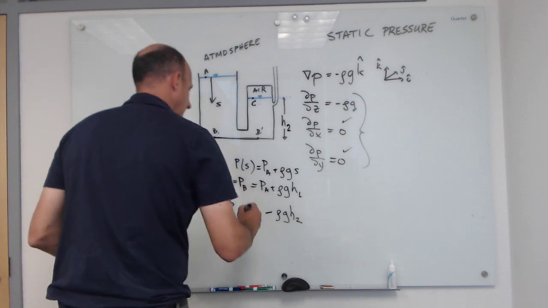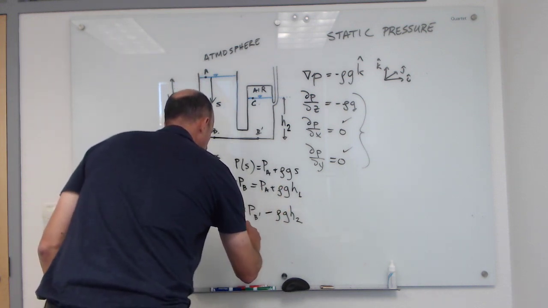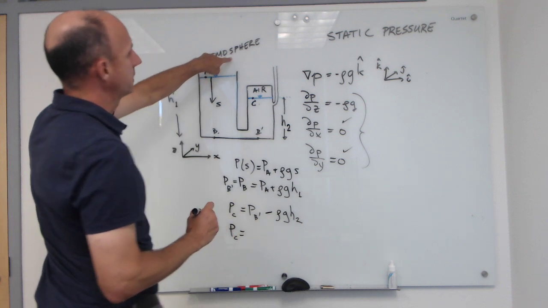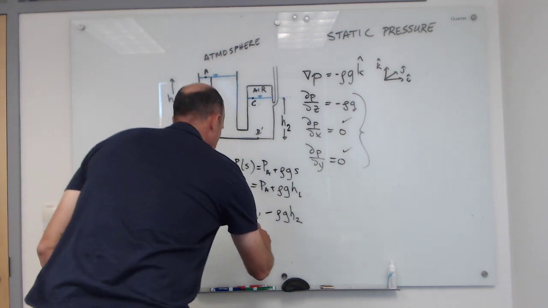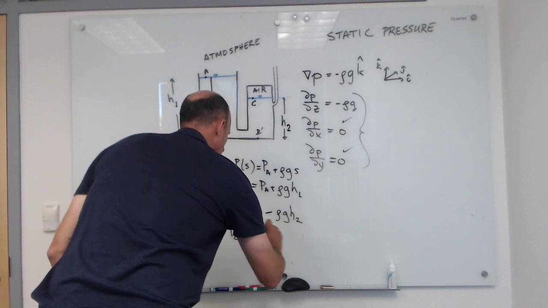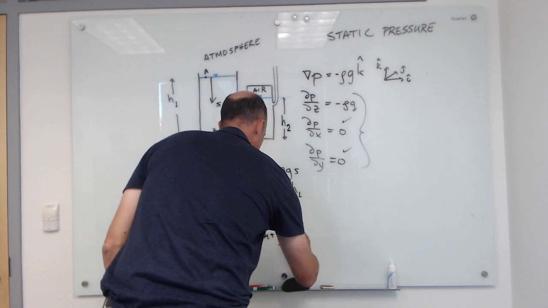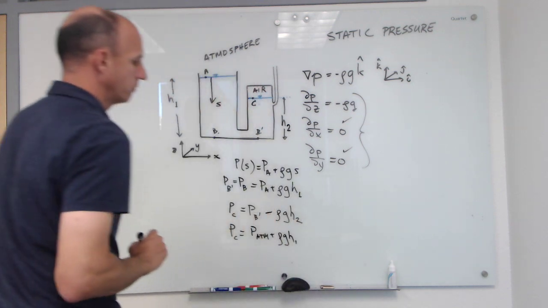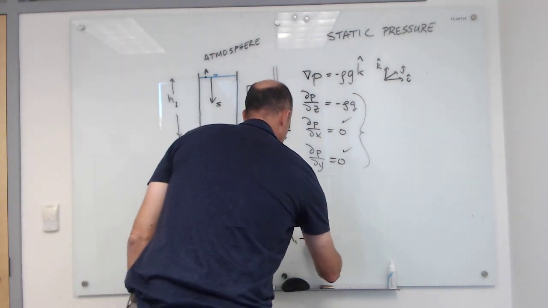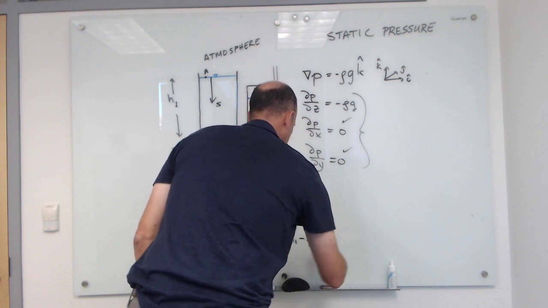So finally, I can write out that the pressure at C is just equal to the pressure at A, which is exposed to the atmosphere, so I'll say P atmosphere, plus rho times g times h1, minus rho times g times h2.